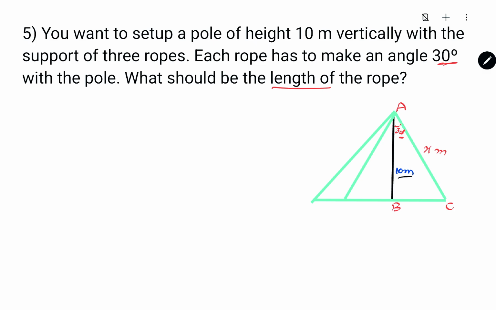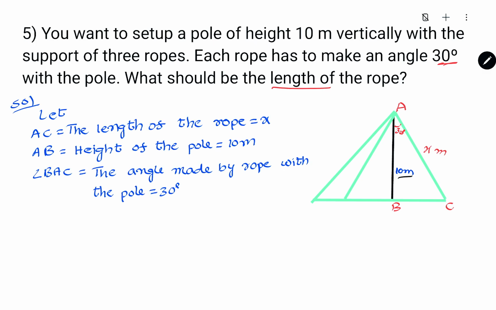Now write the given data. Let AC be equal to the length of the rope, x meters. AB is equal to the height of the pole, 10 meters. Angle BAC, the angle made by the rope with the pole, is 30 degrees. For this angle, the opposite side is BC, the adjacent side is AB, and the hypotenuse is AC.